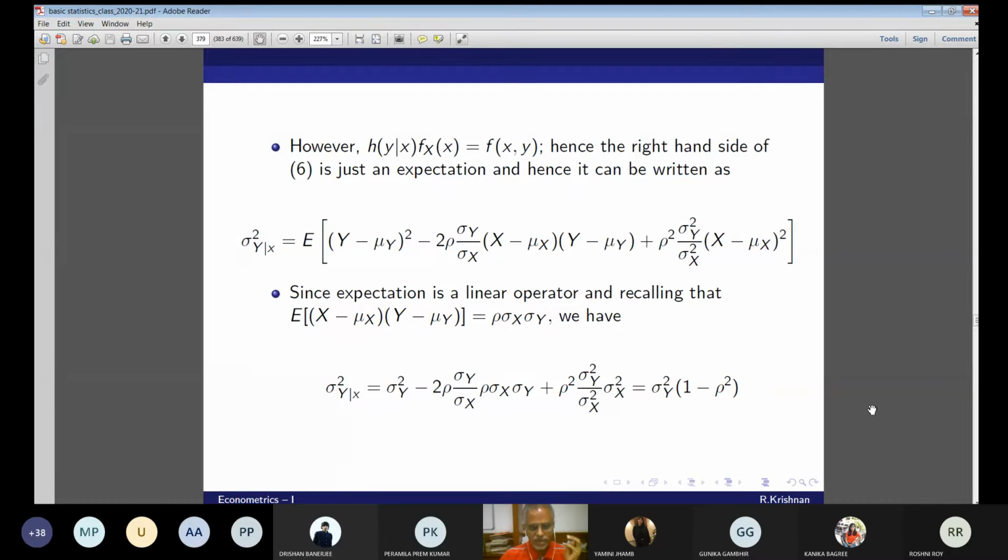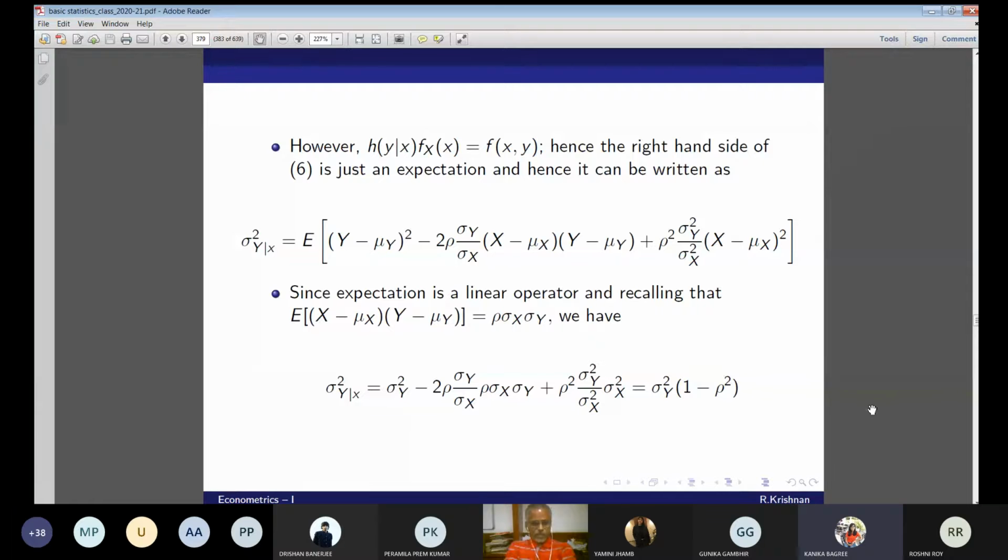Since expectation is a linear operator, and recalling that this is equal to sigma xy, we have sigma square y|x equal to sigma square y times one minus rho squared, with sigma xy equal to rho sigma x sigma y. So what does it mean to say expectation is a linear operator?